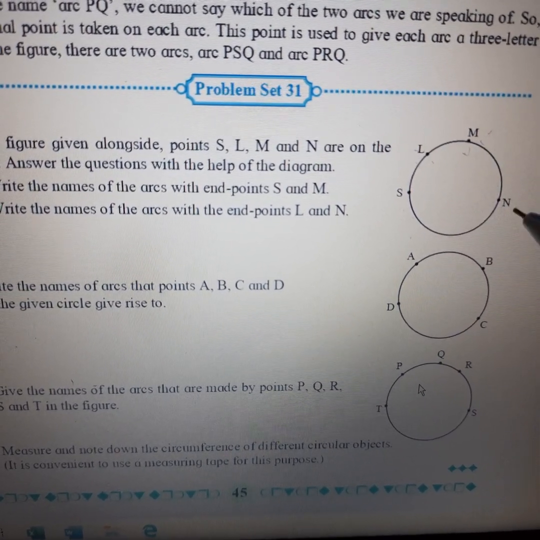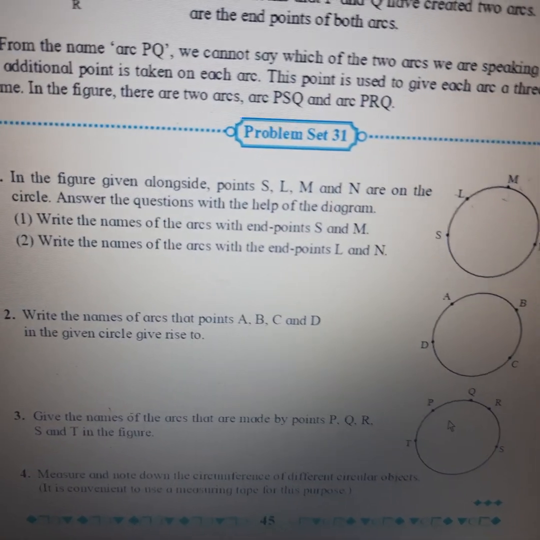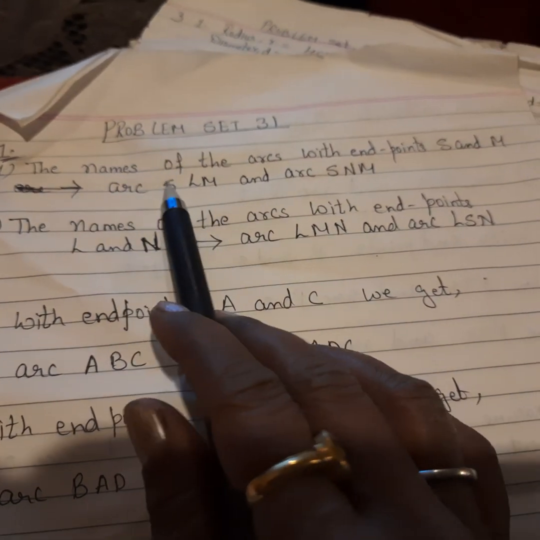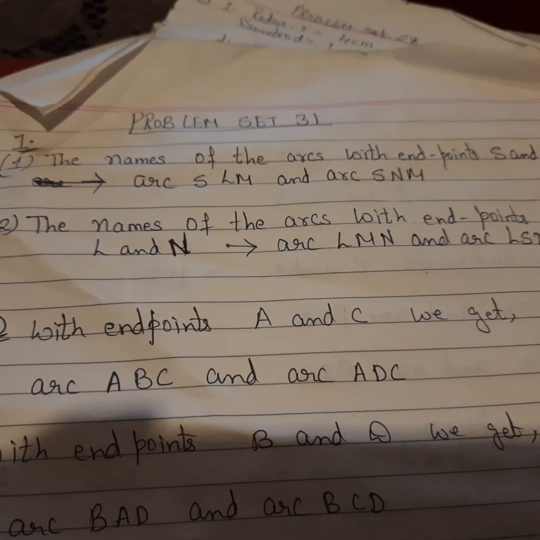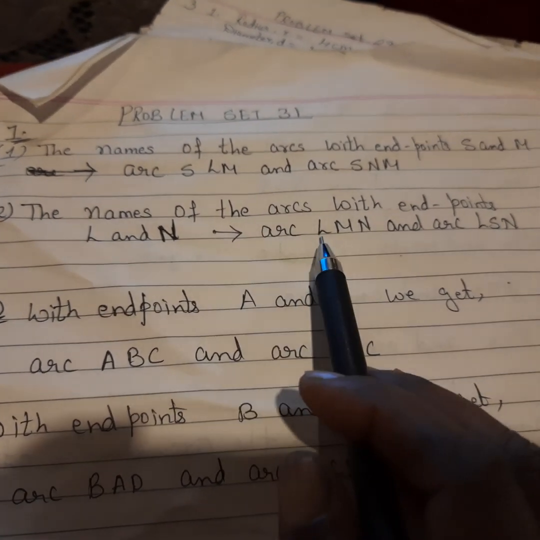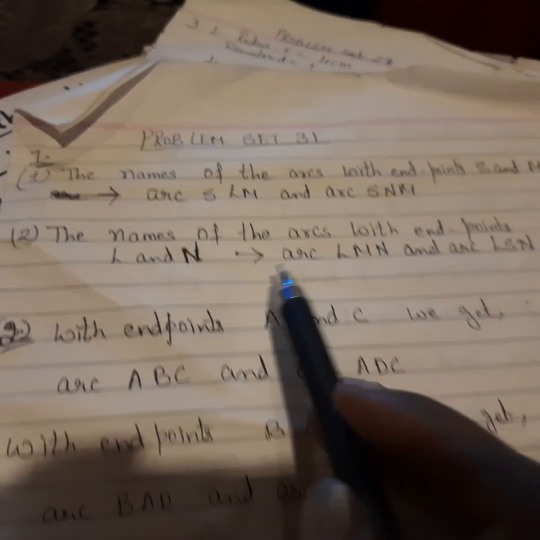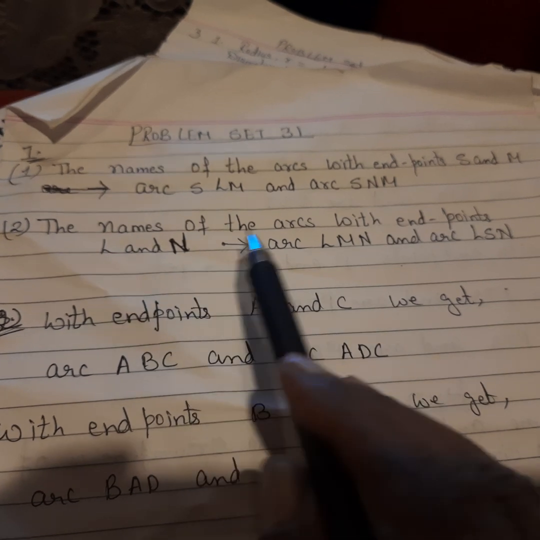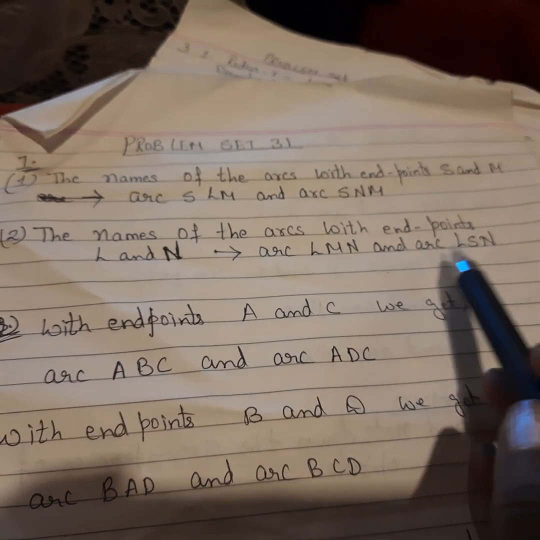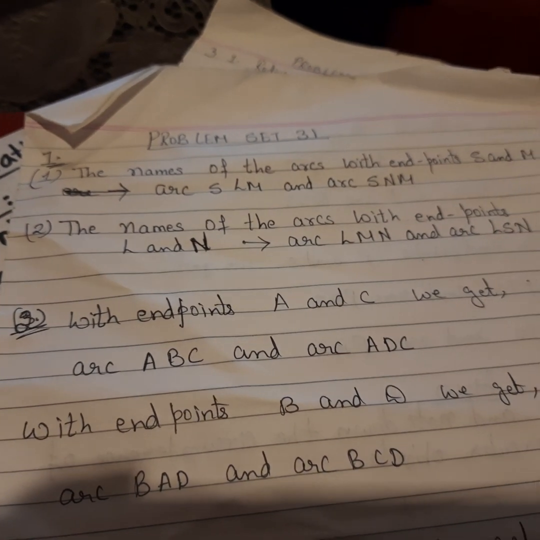So the first part I have already written: the names of the arcs with endpoints S and M are arc SLM and arc SNM. The names of the arcs with endpoints L and N are arc LMN and arc LSN. See, L and N are endpoints, so here you will have L and N at the end also. Getting it? Now we move on to the second question.